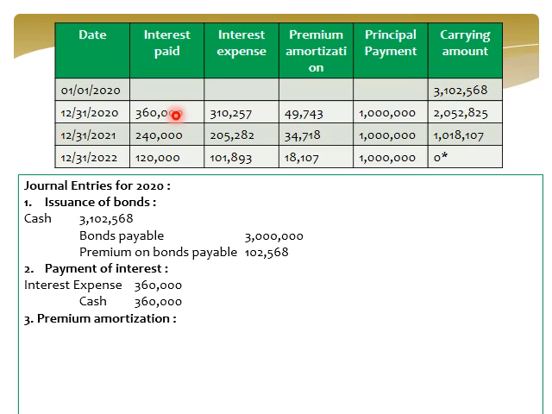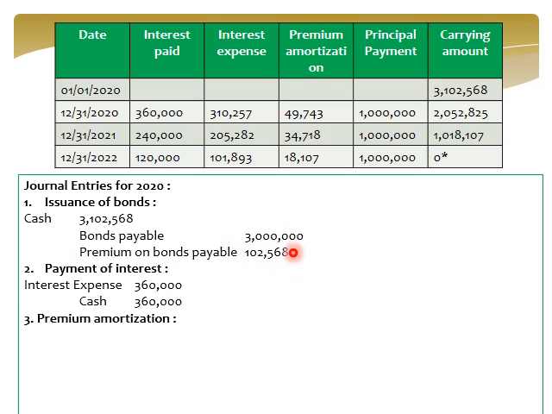Again, how do we compute the premium amortization? The difference between the interest paid and the interest expense. So, the interest paid is 360. The interest expense is 310,257. So, the difference is 49,743.